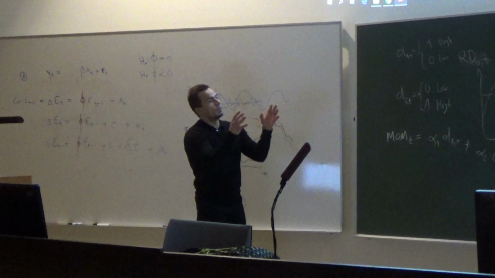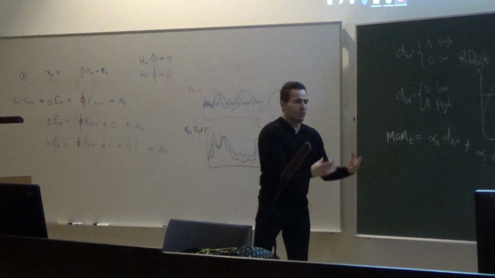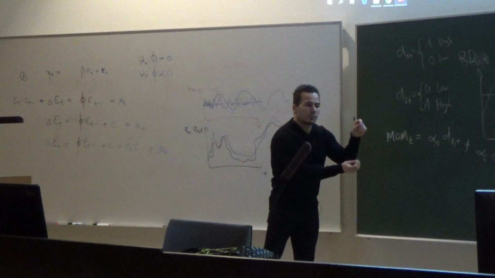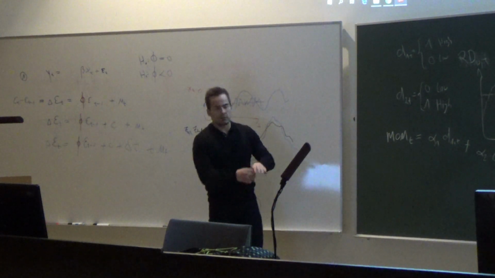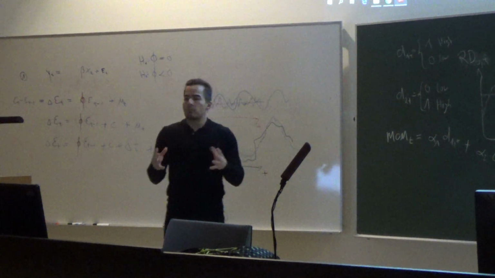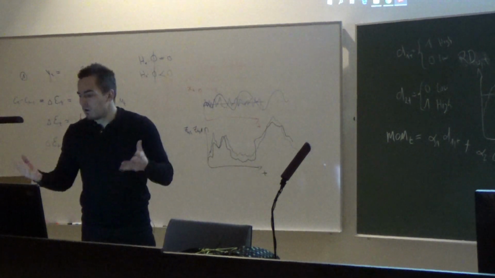So it's a zero-cost strategy which buys those currencies of countries that have a high interest rate and short sells currencies of those countries with a low interest rate. That's the carry factor.